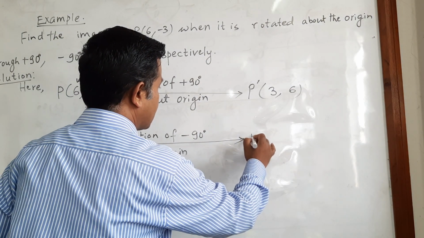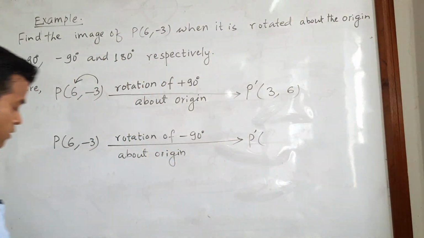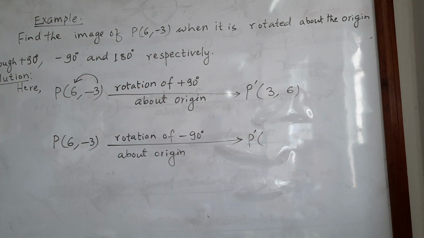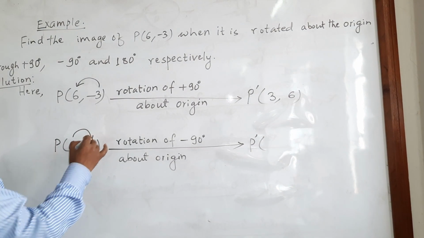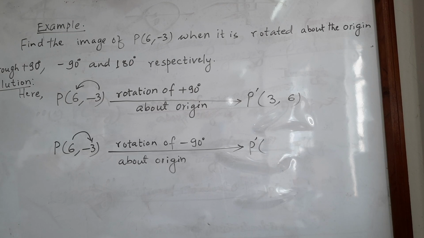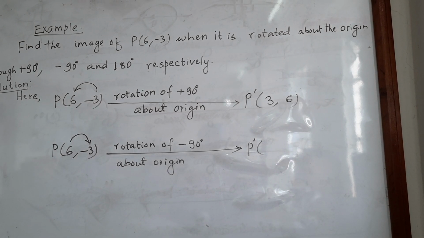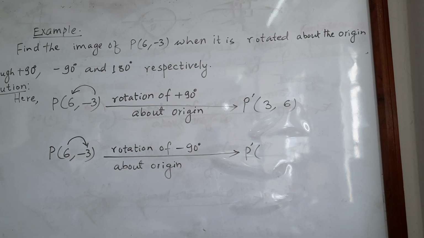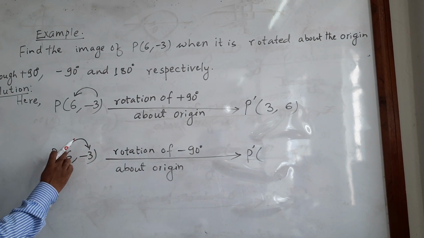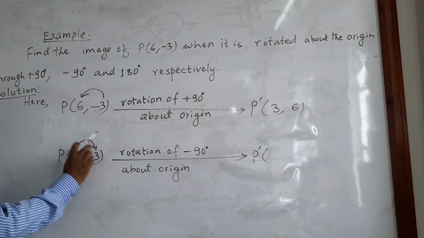So in this case also, like before, imagine rotating in clockwise direction. You can make an arrow in that way.